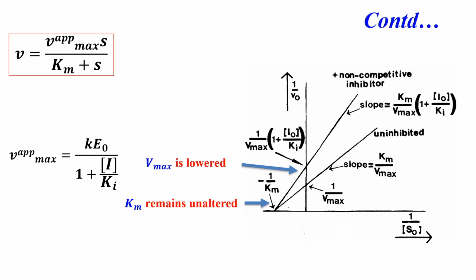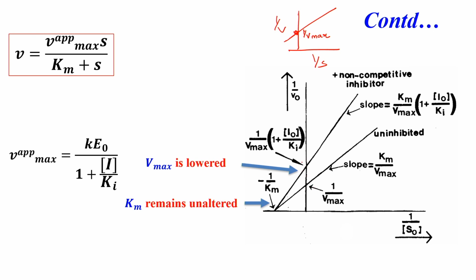So, if I draw this Lineweaver-Burk plot, in the Lineweaver-Burk plot we have 1 upon S and 1 upon V. The intercept is 1 upon V max, and as we are saying, V max has decreased.